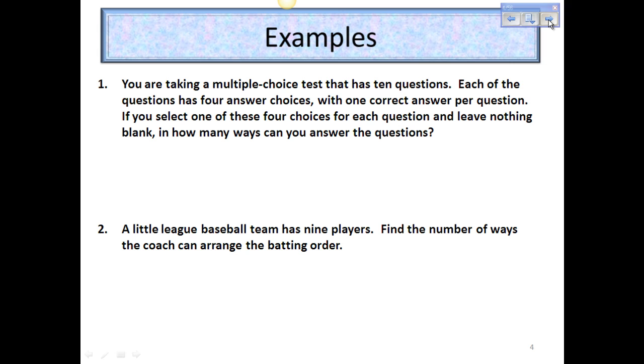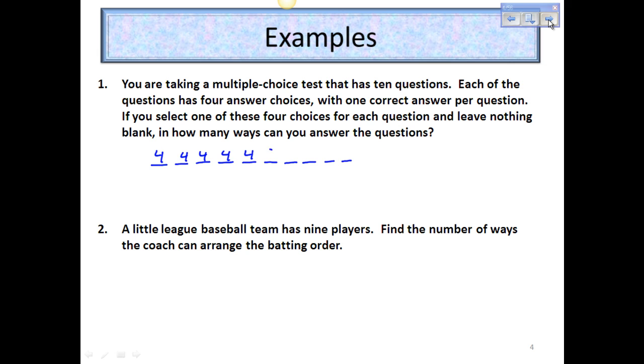Your 10 questions with 4 choices, those are not the events that we're looking at. Each individual question and how you answer it is an event. So if we have 10 questions, we have 10 different events. And for each event, we have 4 possible choices.